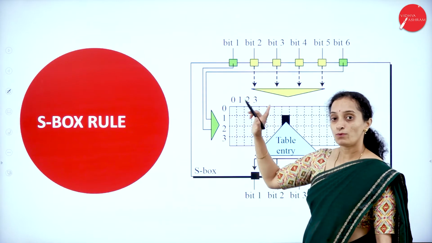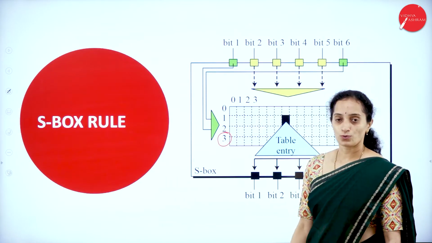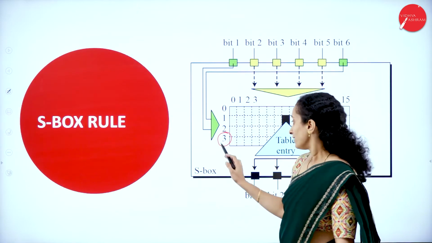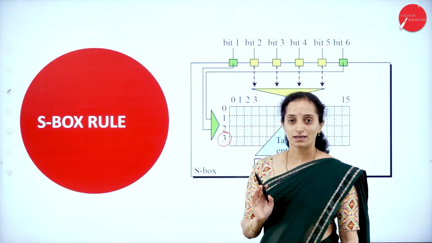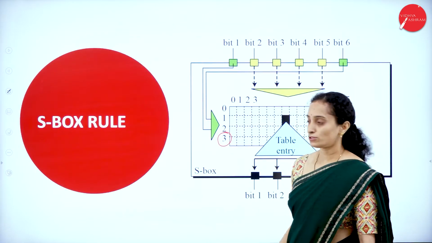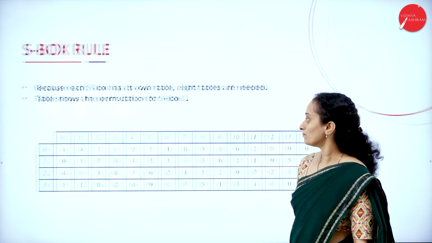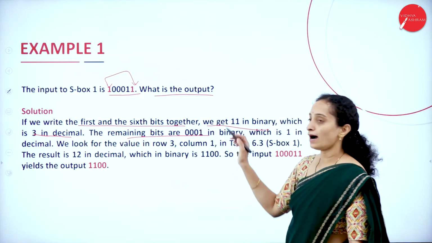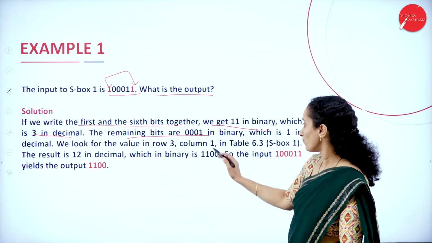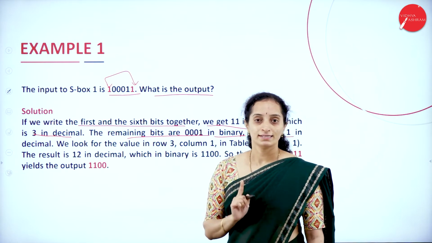That means 1, 1 represents the 3rd row, because 1, 1 is the equivalent of decimal 3, so it will be the 4th row. The remaining bits are 0, 0, 0, 1 in binary, which is 1 in decimal.